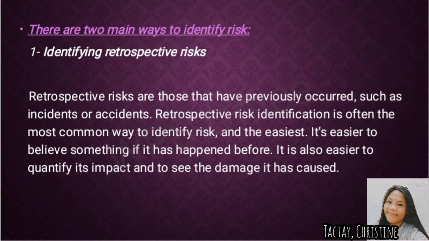It's easier to believe something has happened before, and it's also easier to quantify its impact to see the damage it has caused. In other words, retrospective risk looks backwards and examines exposures to suspected risks or protection factors in relation to an outcome that is established at the start of the study.